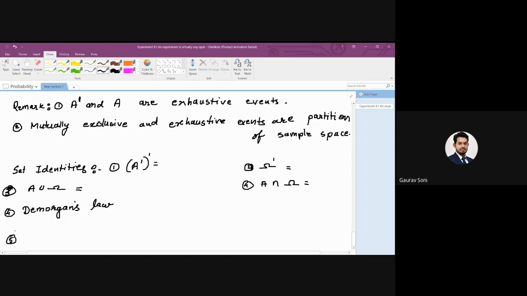Fifth one, if A is a subset of B, then A union B equal to, and A intersection B equal to.